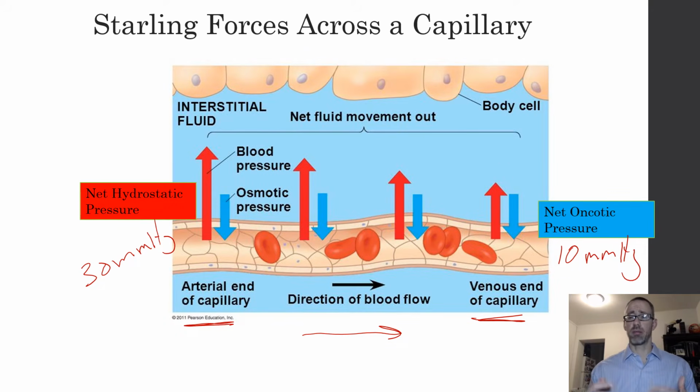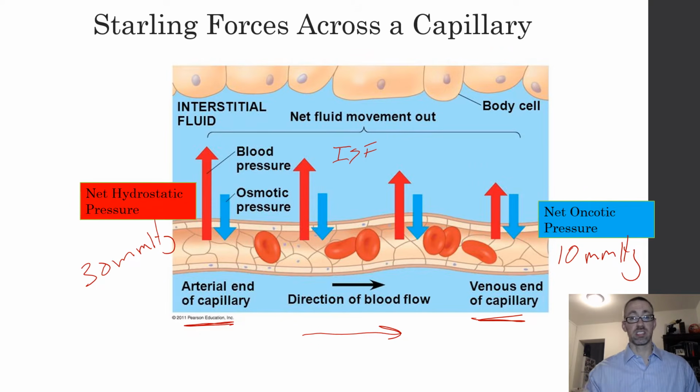And then what we do is we compare the relative forces to each other, the pushing and the pulling forces, to see whether we're going to actually push fluid out of the capillary or absorb fluid into the capillary. That's why we want to understand those forces. And as I mentioned on the previous slide, you'd have the same forces occurring in the interstitial fluid. I'll just write ISF over here, interstitial fluid. You still have some proteins that are there that are produced by the cells here.